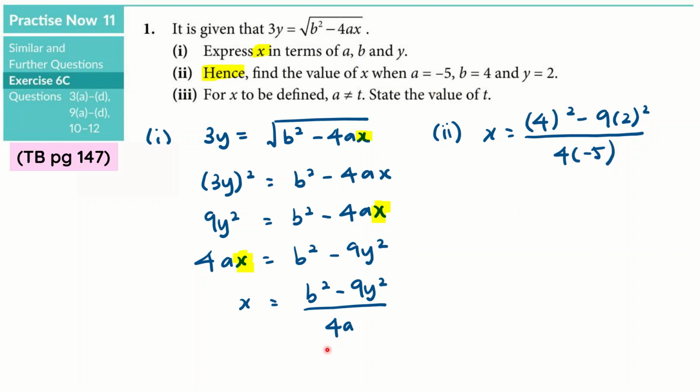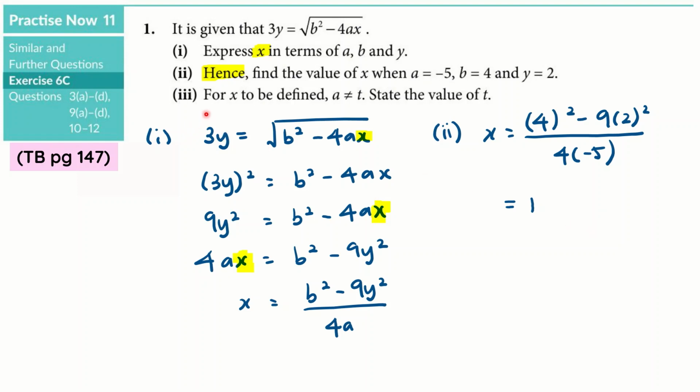Since this is supposed to mean 4 times a, without the brackets it will become 4 minus 5, which isn't going to make sense and is not consistent with the formula that we have. So with this entire value substituted, we can press it into a calculator and we will get x equals 1. So that is how we solve part 2.